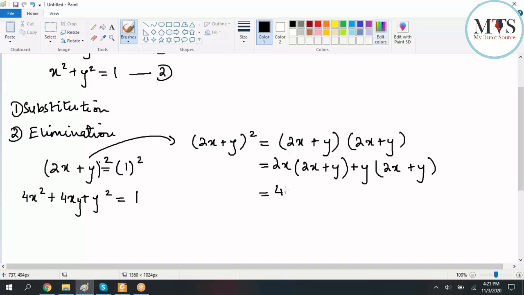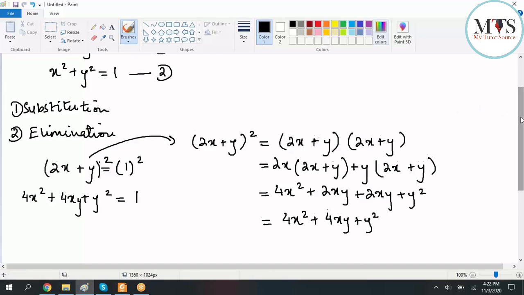So this becomes 4x squared plus 2xy, then plus 2xy plus y squared, which then equals 4x squared plus 4xy plus y squared.